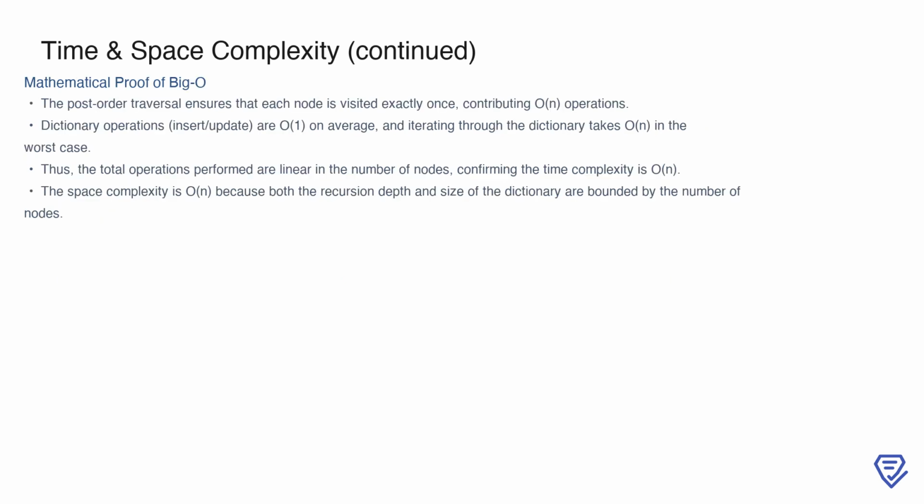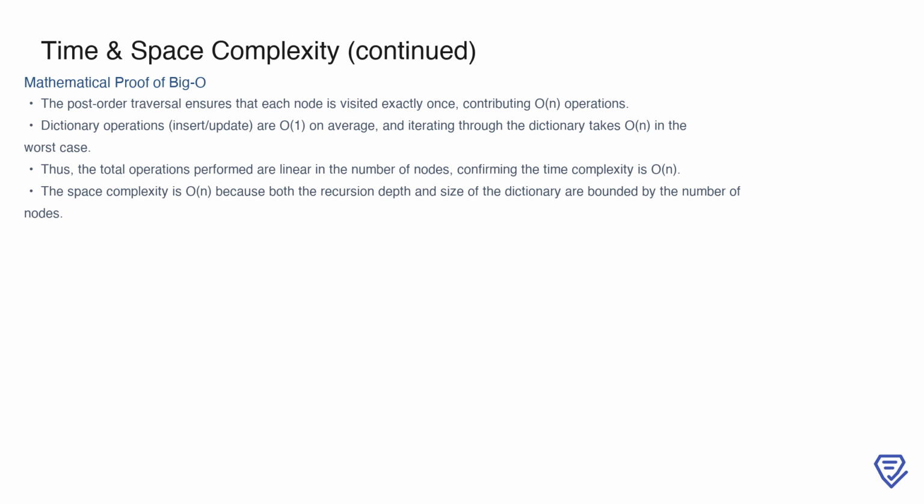To confirm the big O complexity mathematically, we observe that the post-order traversal ensures each node is visited exactly once, contributing n operations. Dictionary operations such as insert and update are O(1) on average, and iterating through the dictionary takes O(n) in the worst case. Summing these contributions, the total number of operations scales linearly with the number of nodes, confirming the time complexity is O(n).